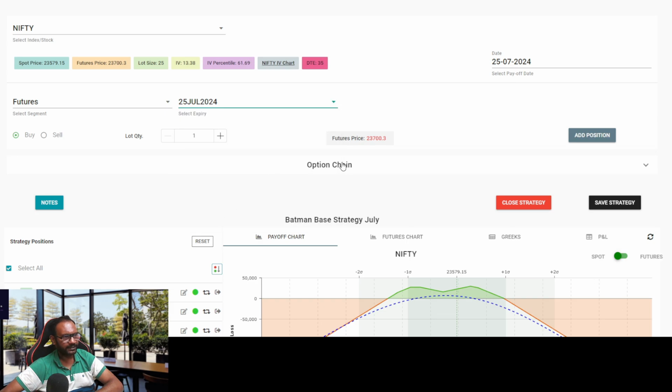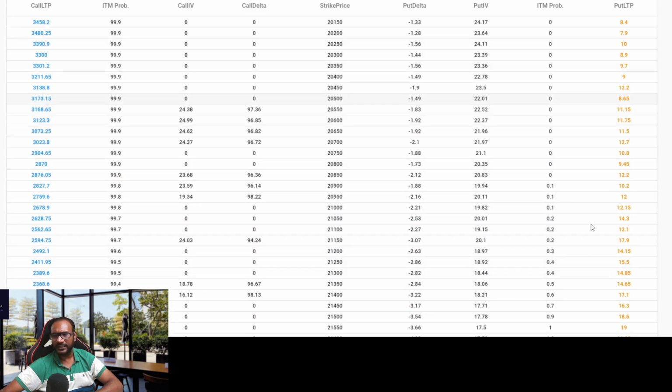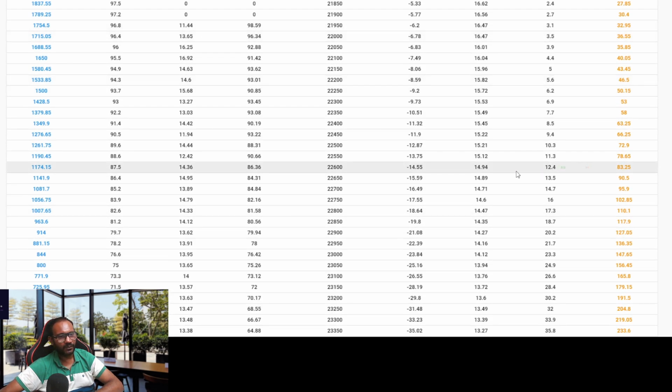I am going to the 25th, getting this option chain. I am going to take something trading around 80 rupees, or 70 to 80, maybe 85 rupees, around that. Going to write that additionally. Now, what is that? 22.